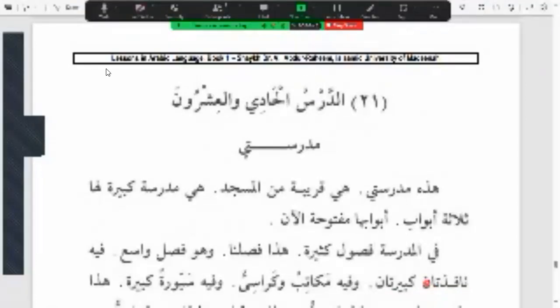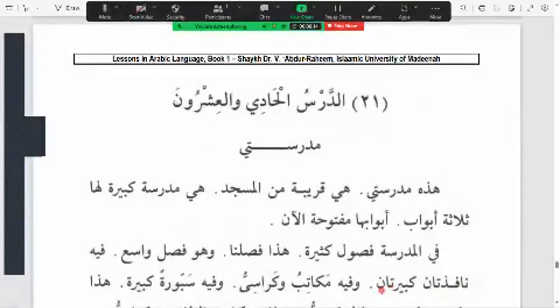And this is the muthanna, nafidhatan. So in it are two big windows, kabiratan, following the concept of na't and man'ut, which says in number the same, in gender the same. So the gender here is muannath, and the number is muthanna, the dual.